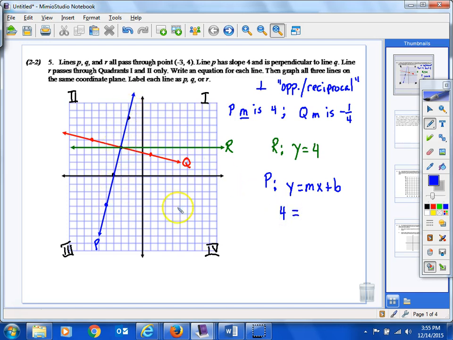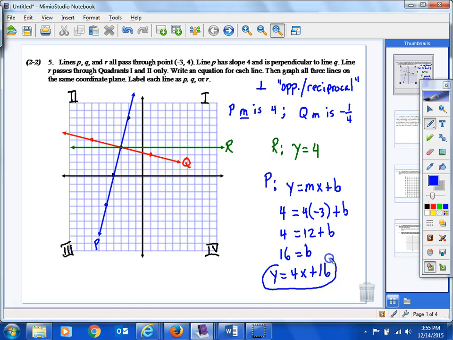You know the slope for line P is also 4. And x is -3. And we'll use this information to solve for b. So it looks like b is 16. So the equation for line P is going to be y equals 4x plus 16.